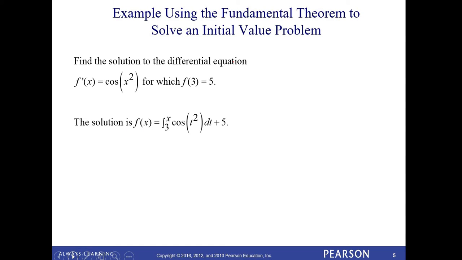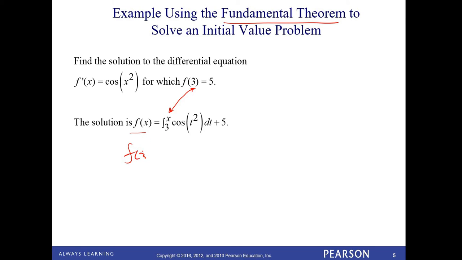Okay, so here's another one. This time, we're given f prime of x, which is cos x squared. So we're going to use the fundamental theorem to solve this initial value problem. So f of x is the integral. If we do the integral from 3 to x, then when x is 3, this becomes 0, plus 5 then gives us our value that we want for f of 3.